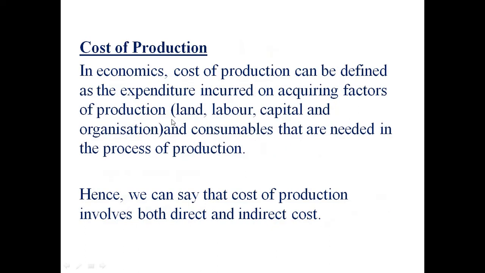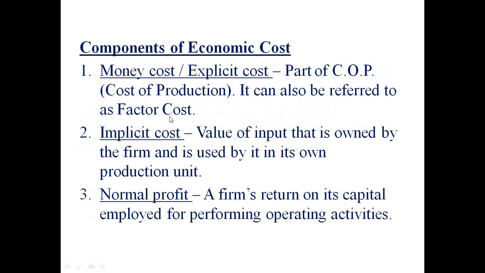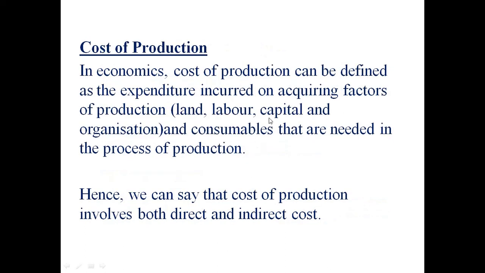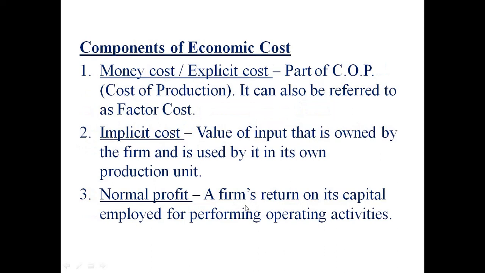So whatever the amount of money that you are spending for land, labor, this is called factor cost. Okay, factor cost. Okay, and the return on the capital or the profit that is generated is your normal profit.